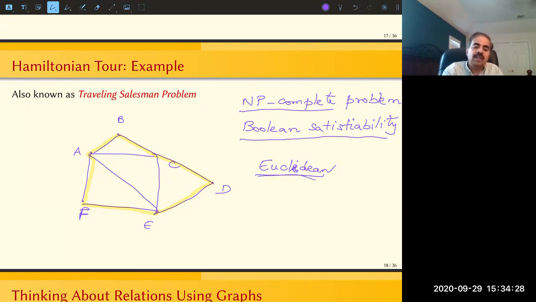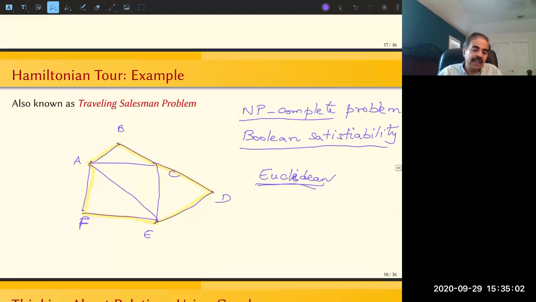So if we are talking about graphs as representing, let's say, cities in the world, and these edges represent, say, air travel routes, then it's called a Euclidean Hamiltonian Tour problem, and that can be solved somewhat efficiently. Okay, but in general, the Hamiltonian Tour problem is NP-complete, and there is no good solution to it.